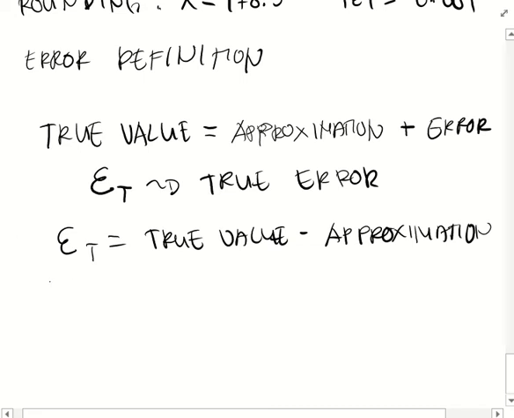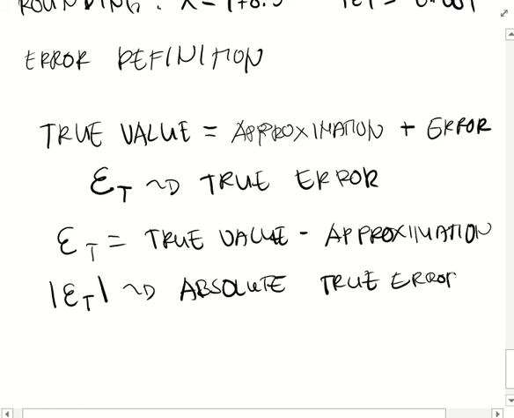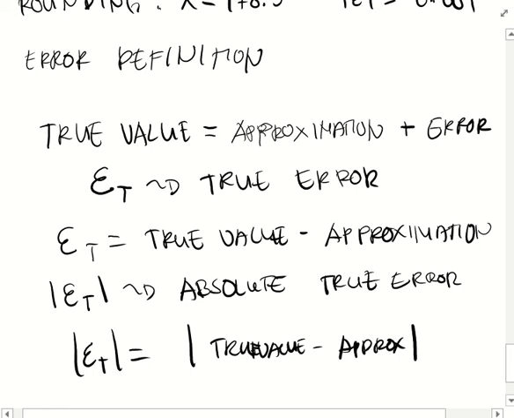And if you take the absolute, then we call it the absolute true error. It doesn't matter if it's negative or positive, it's still an error. So we just take the absolute, and this will be equal to the absolute value of the true value minus the approximation. So that is the true error.